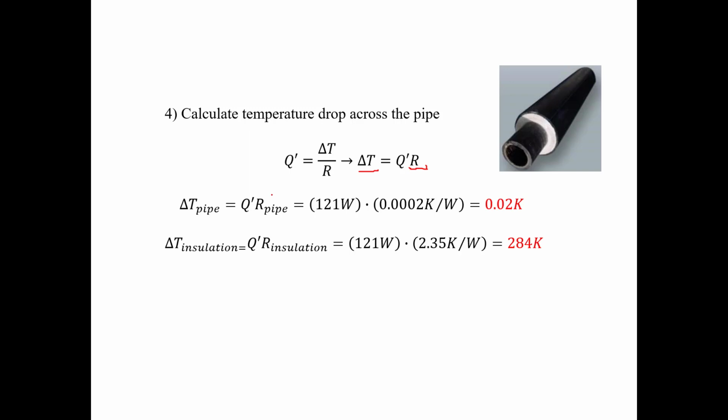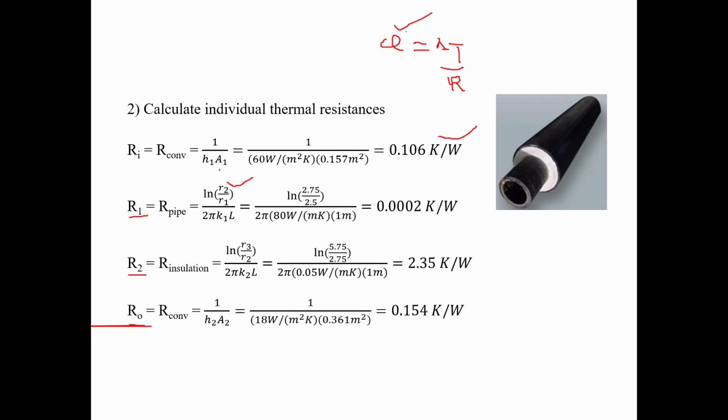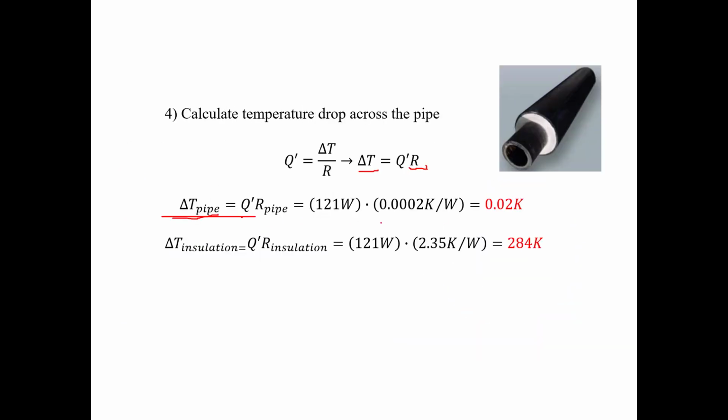So if we want to calculate the temperature difference across the pipe, from the inside of the pipe to the outside of the pipe, we have the Q. We know the resistance of the pipe that we calculated here, for example R1, and we can multiply these two and get the temperature difference.